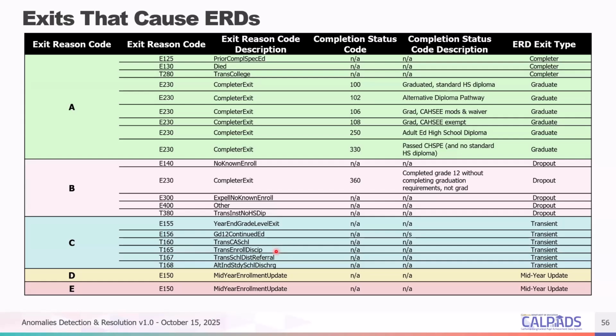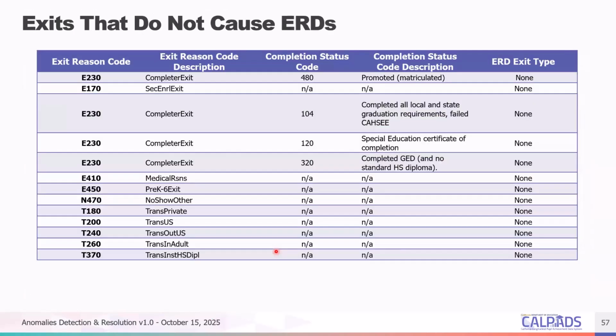Okay. All right. So here are your exits that do not cause ERDs. Let's say you have the student exited as an E230 or E480, which means the student was promoted or matriculated. This happens for your 8th graders, or your 6th graders who move on to the next school.